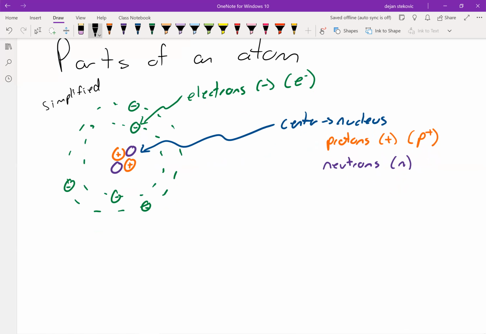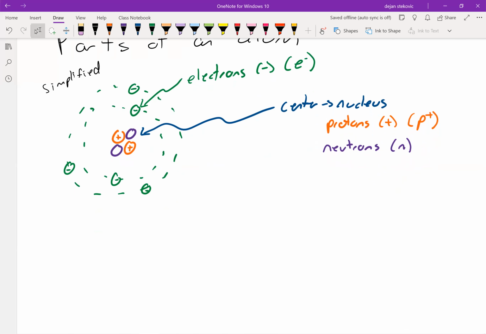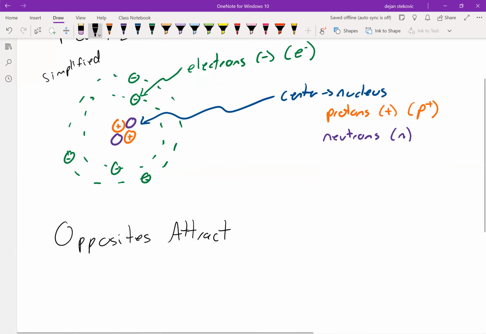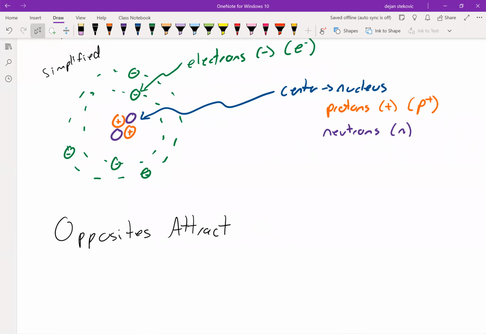So let's take a look at some key components of this atom. First of all is what's keeping this all together. These electrons are flying past this nucleus at extremely high speeds. So why don't they just go away from the nucleus? That's because of our rule that opposites attract. Protons and electrons have positive and negative electrical charge, and that's just a fundamental fact of the universe.